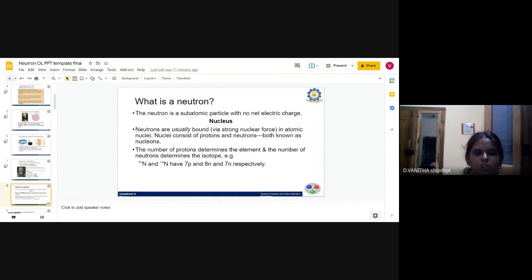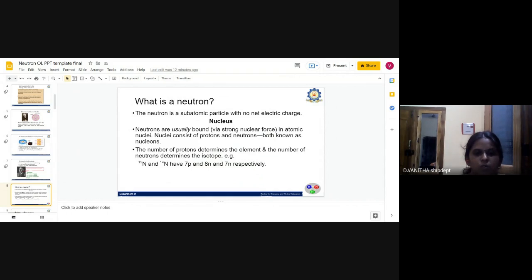So the nucleus of each atom consists of protons and neutrons, and protons and neutrons are both known as nucleons. The number of protons determines the element, and the number of neutrons determines the isotope.